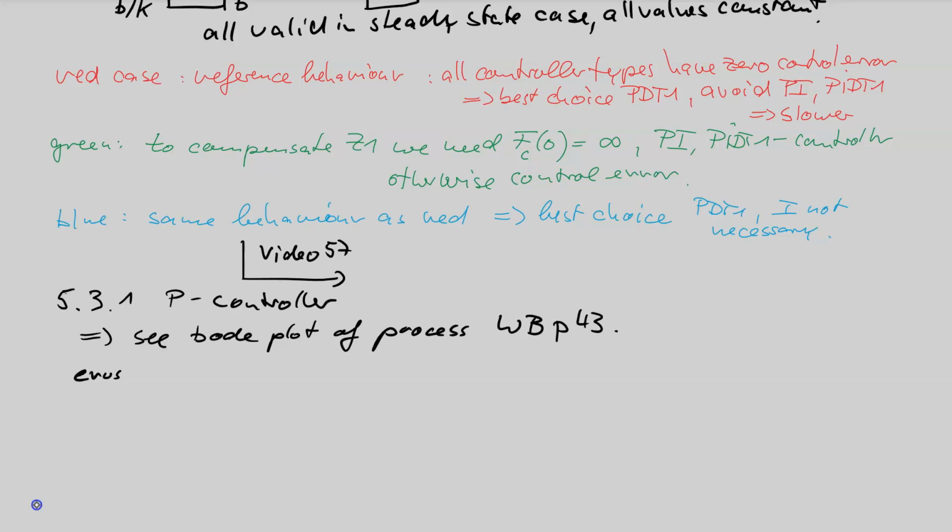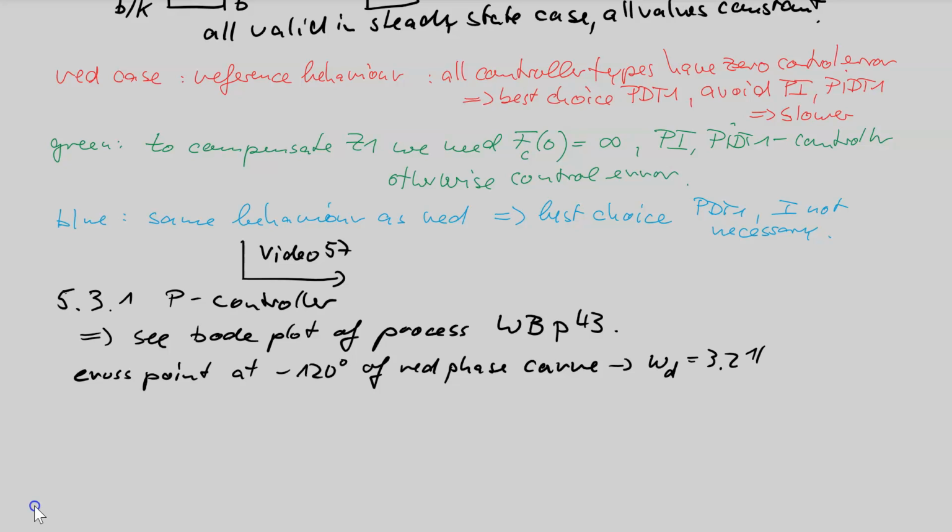The cross point at -120 of the red phase curve delivers an omega d which is 3.2 per second.